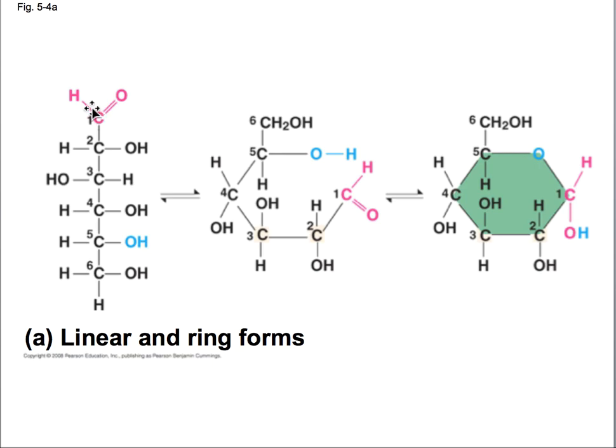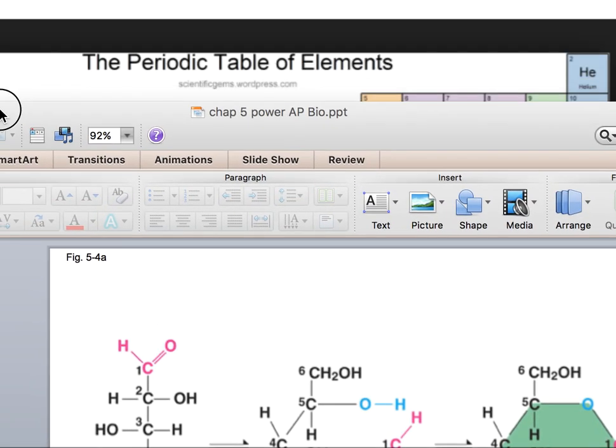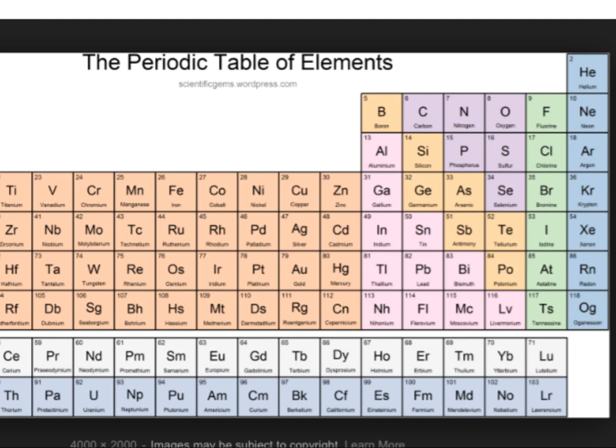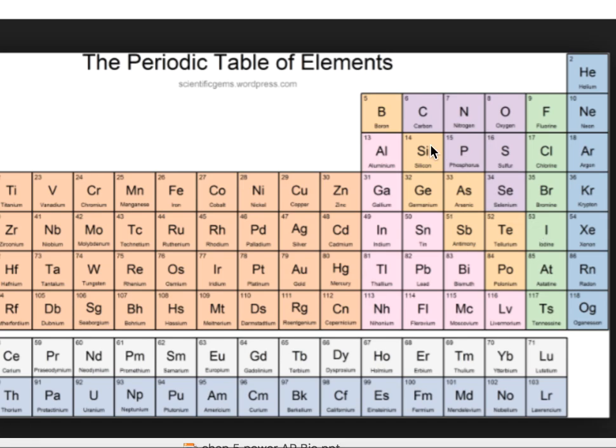This first carbon has 1, 2, 3, 4 with that double bond. This carbon has 1, 2, 3, and 4 bonds. And that is, if you did well or you remember chemistry, because all of these are the noble gases over on the right hand side.